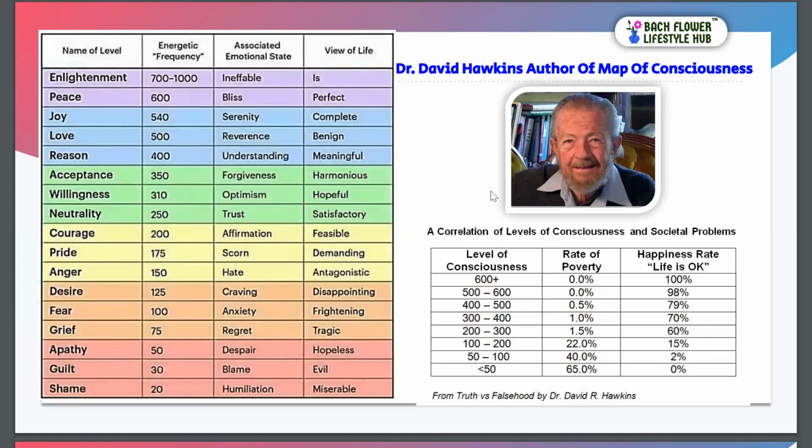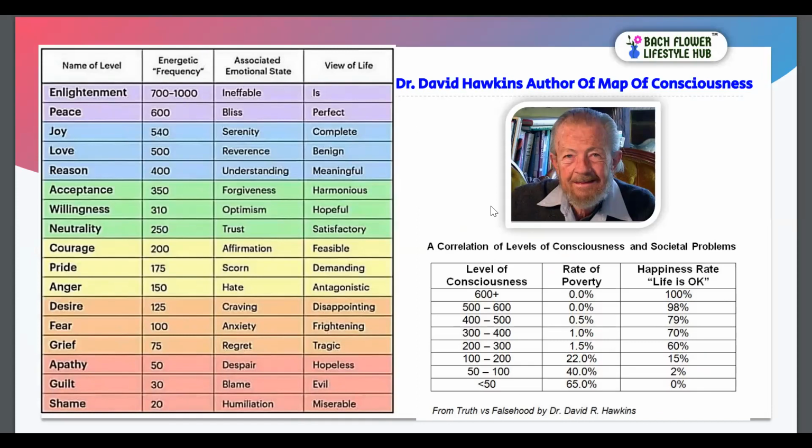This is a very specific slide I added very recently, about Dr. David Hawkins. He is a famous psychiatrist, and he published a book called Map of Consciousness. That is a very famous book for the research Dr. David Hawkins did. I have taken two pieces of research he did out of this book.